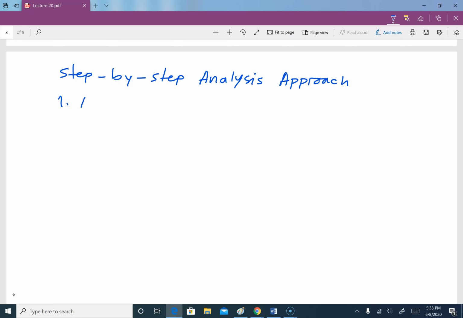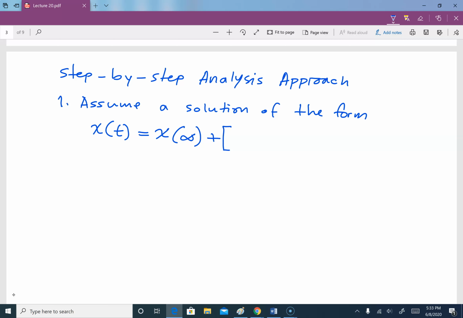The first step is we just assume a solution of the form x of t is equal to x of infinity plus, x of 0 minus x of infinity, multiplied by the exponential of negative t over tau. And this is for t greater than 0.